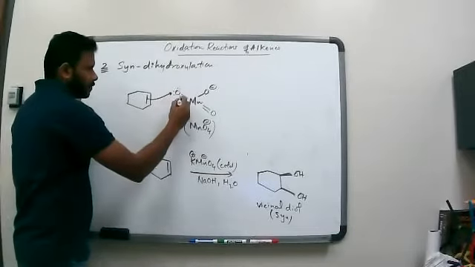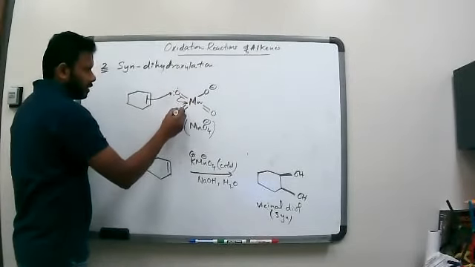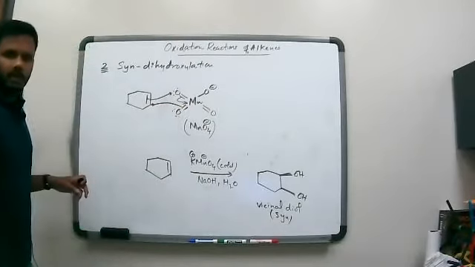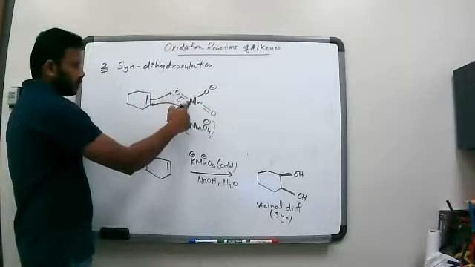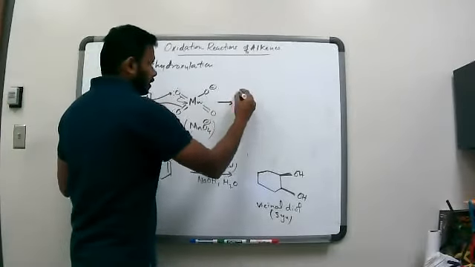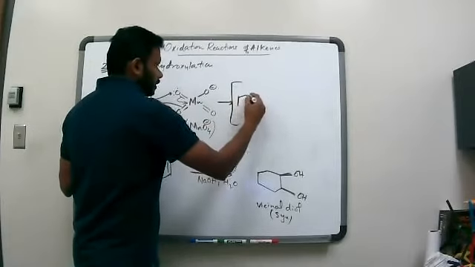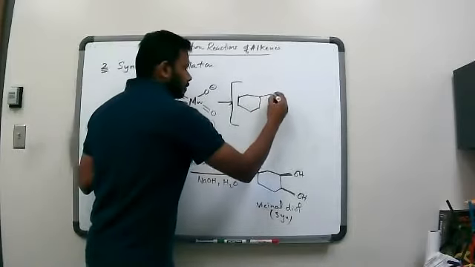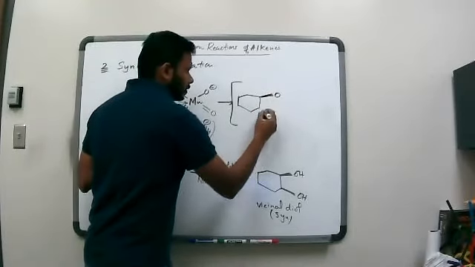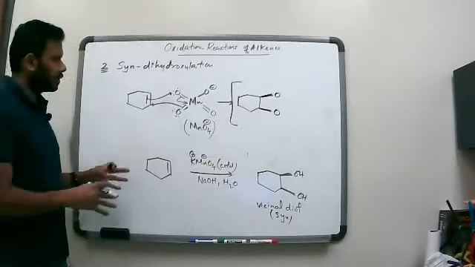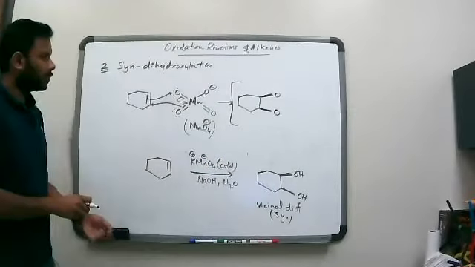The electrons from here go to the manganese, and then the pi bond here opens up and comes and attacks the alkene. Electrons from there go to the manganese, pi bond from there comes and attacks the alkene. And so what this gives us is an intermediate where the 2 oxygens are now added from the same face. That's how we get the syn stereochemistry. So this is the concerted part of the mechanism.